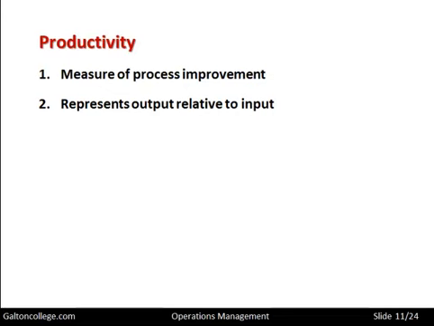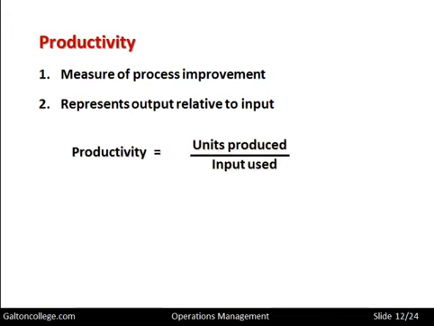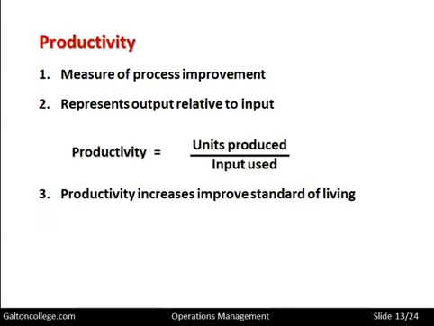It represents output relative to input. And that's the basic equation. That's the basic calculation that we do. We look at the amount of output we get per unit of input. So it's the number of units produced divided by the inputs used. And that's a measure of our productivity.